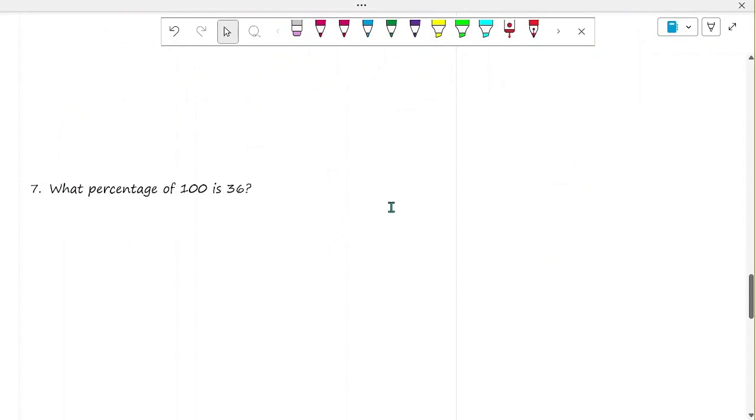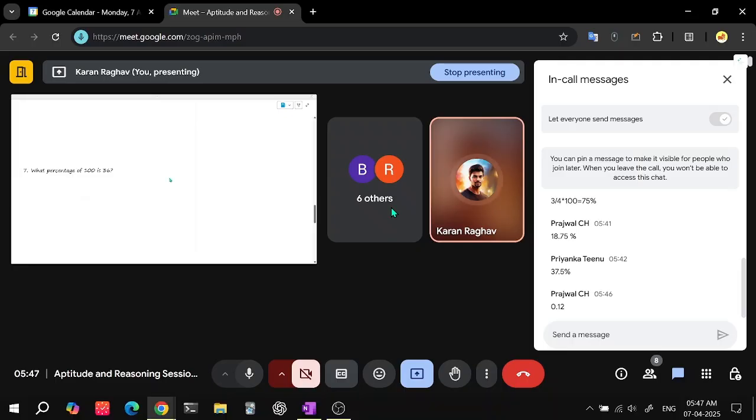Okay, take this simple question. What percentage of 100 is 36? 36 is what percent of 100? Anyone? Now you have understood the concept of percentage. Now you need to find out 36 is what percent of 100.